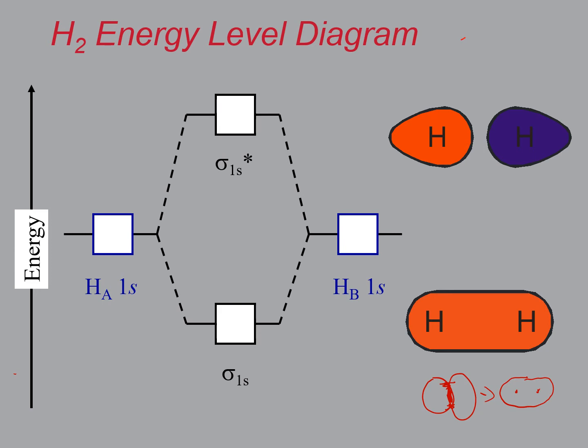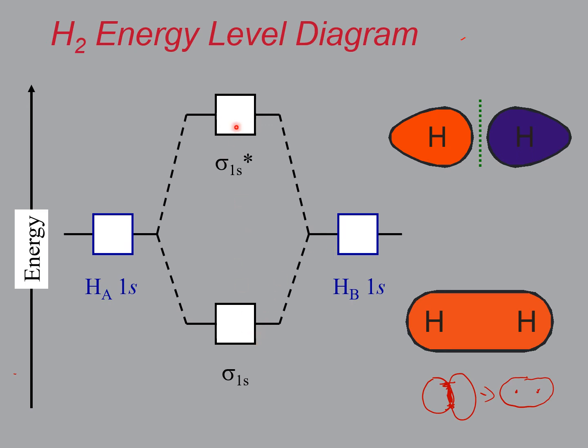What I do want to do here is show again the node in between the two. So this is an energy level diagram. We've got two states mapped out here. We combine two atomic states, these guys, and remember, these are here just for reference.